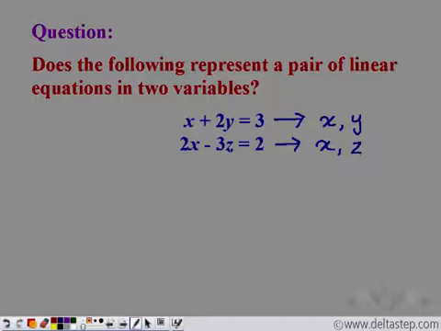But the variables in the two equations are not the same. x is common to the equations, but in this case we have y, whereas in this case we have z. So these two do not represent a pair of linear equations in two variables because you do not have the same two variables. Here you have x and y, here you have x and z. So actually in this pair there are three variables, x, y and z.